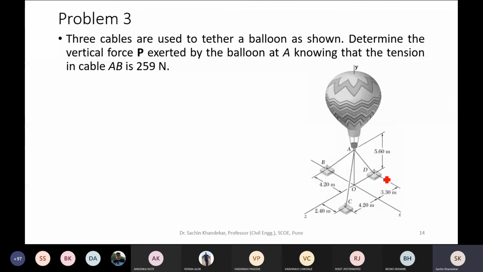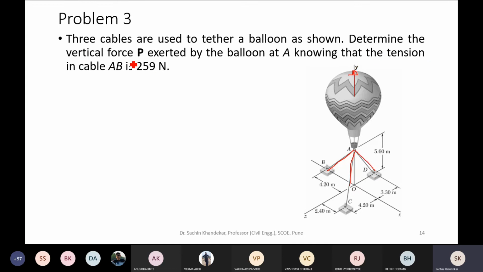Okay, no doubt. Now let us discuss one more problem. So this is problem number 3. Three cables are used to tether a balloon as shown in the figure, to hold the balloon in the position as shown in the figure. So this is a hydrogen balloon, which will tend to move up, but it is held in the position as shown by means of these three cables: cable 1, cable 2, and cable 3.